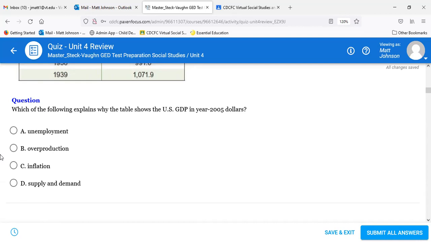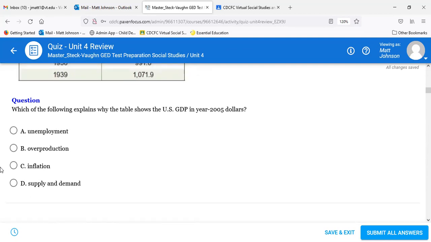A, unemployment. B, overproduction. C, inflation. D, supply and demand. 2005. Is it D?